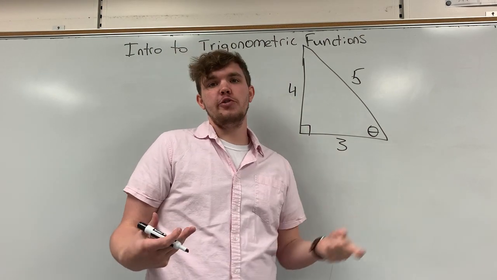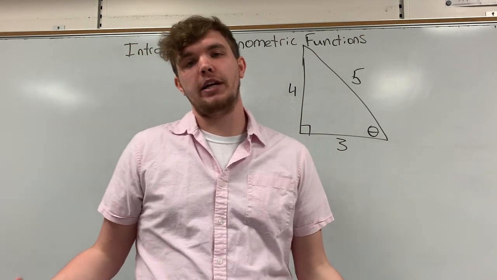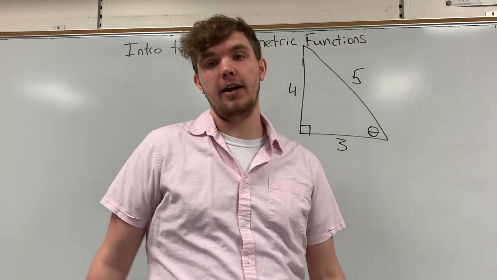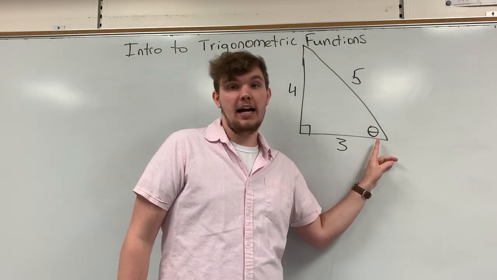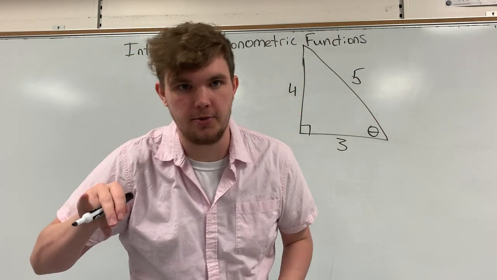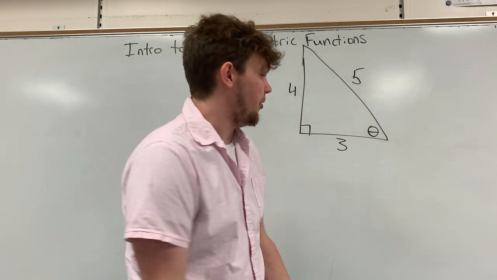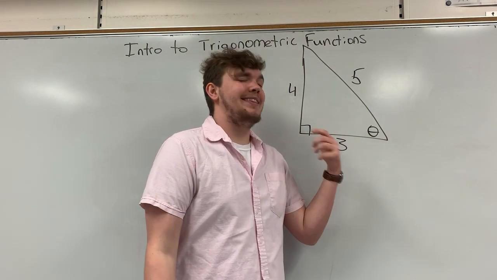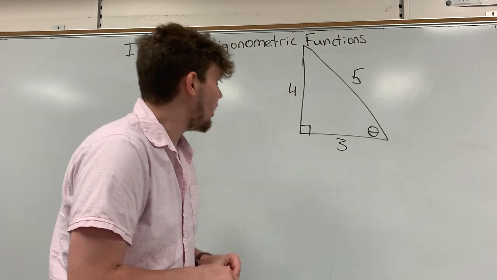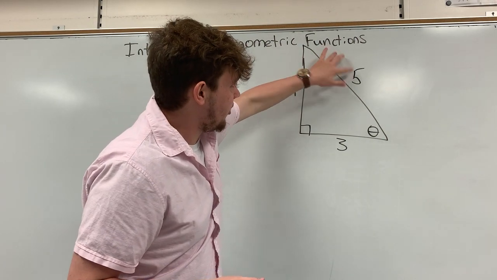Usually theta is used when we're talking about trigonometric angles or functions. However, it doesn't have to be, right? I could have put an x there, I could have put a y, whatever variable or unknown I wanted to. But usually we put theta when we're using trigonometric functions.